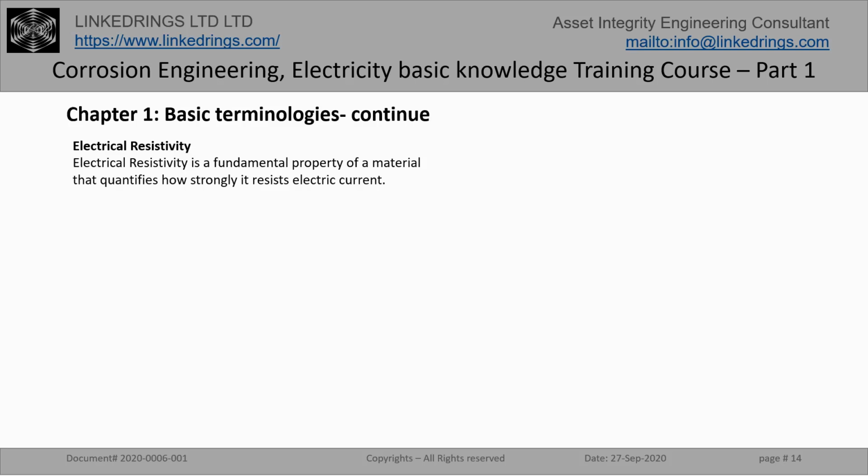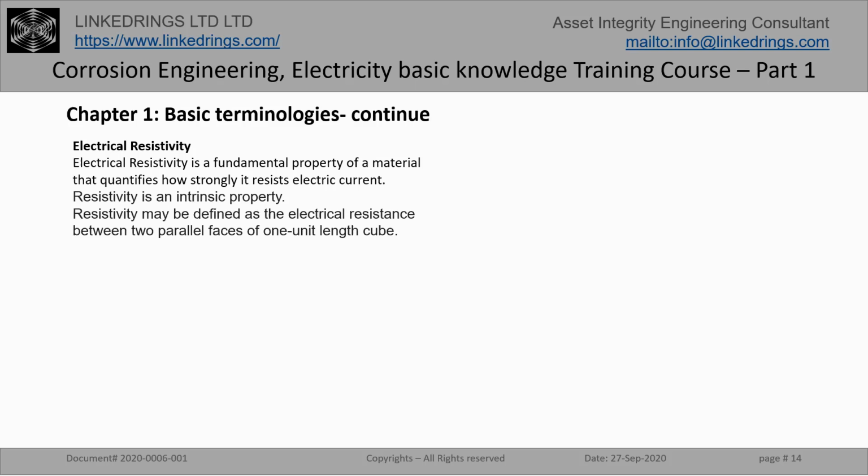Electrical resistivity. Electrical resistivity is a fundamental property of a material that quantifies how strongly it resists electrical current. Resistivity is an intrinsic property. Intrinsic property means it's a natural property.